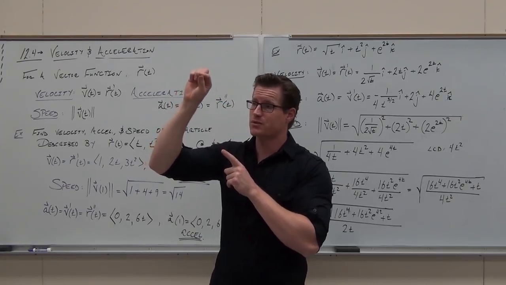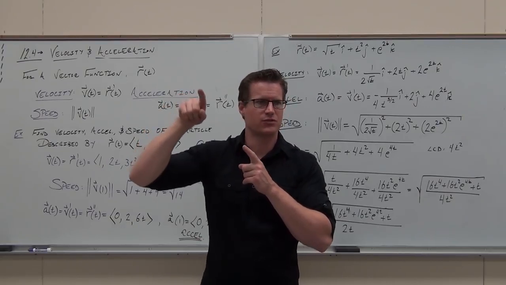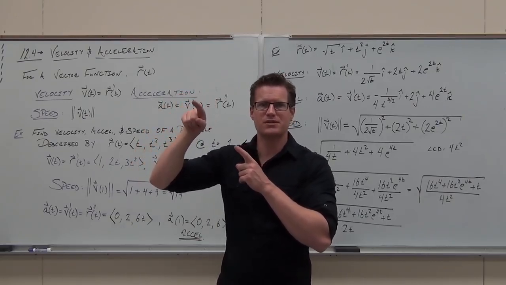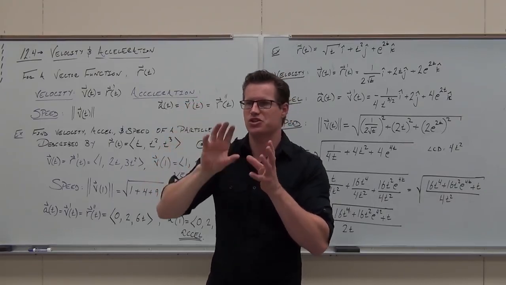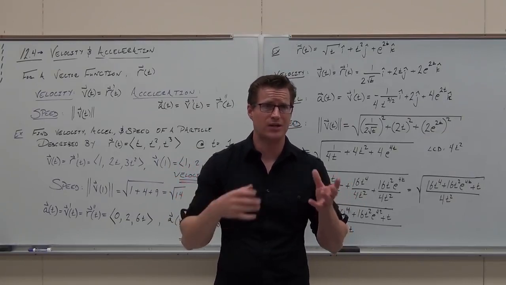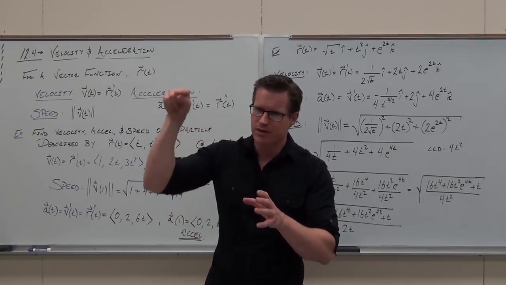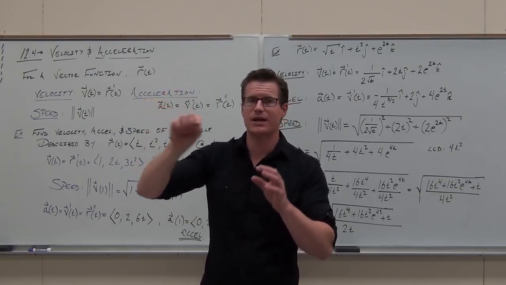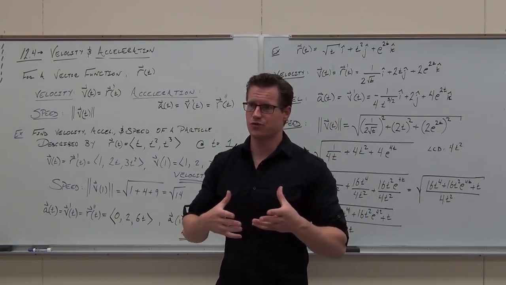So if I have a point in space where something starts, and I know I shot it out of a cannon with this initial velocity, and let's say I have an acceleration curve for it, and that's saying a lot, okay? You'd have to do a lot of work with that particle to actually get this stuff. But if I know its acceleration, and I know it started with this velocity, and I know it started at this point, we can go back and actually create a vector function for it.